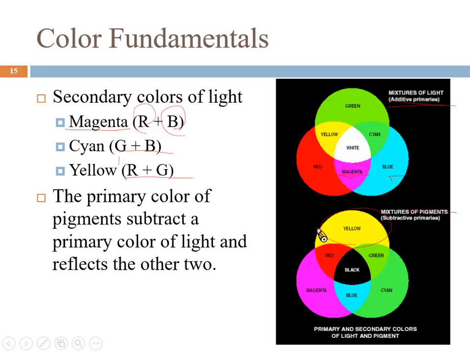There is a luminous source emitting white light onto the paper, and this pigment absorbs blue light and reflects red and green, so that red plus green makes us perceive yellow.